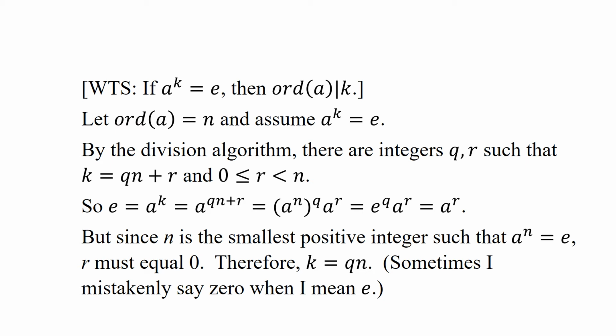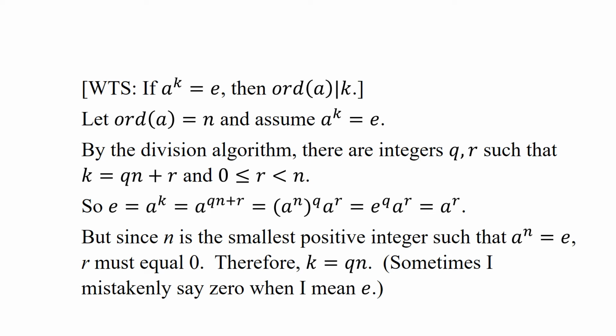Here's where we apply the division algorithm. I want to show that k is a multiple of n, so when I divide k by n, I get, in principle, a quotient and a remainder. Now the remainder is an integer that is strictly less than n, my divisor, and greater than or equal to 0. Our goal here is to show that r is actually 0.